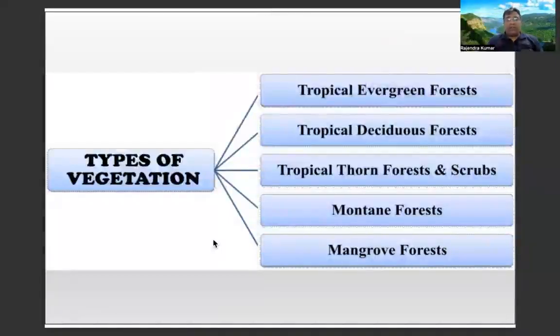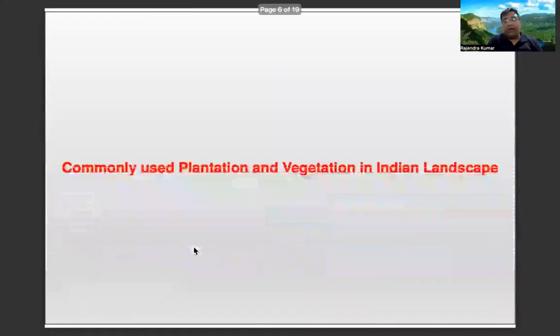So what types of vegetation are there in India? Tropical evergreen forest, tropical deciduous forest, tropical thorn forest and scrubs, montane forest and mangrove forest. So these are the types of vegetation in all parts of India. And in this slide, I am mainly talking about the commonly used plantation and vegetation in the Indian landscape.